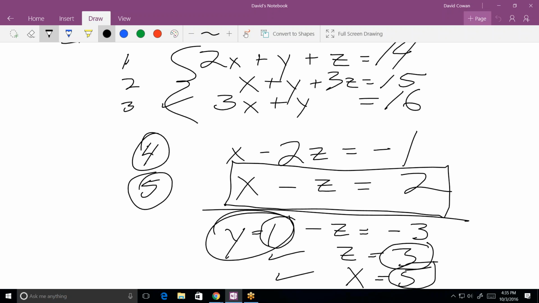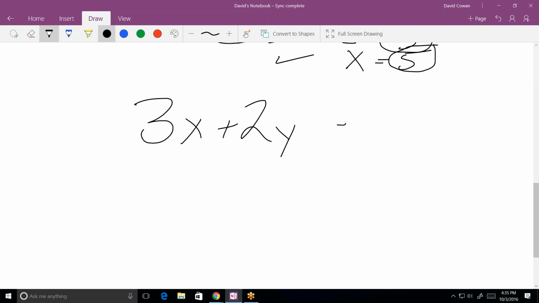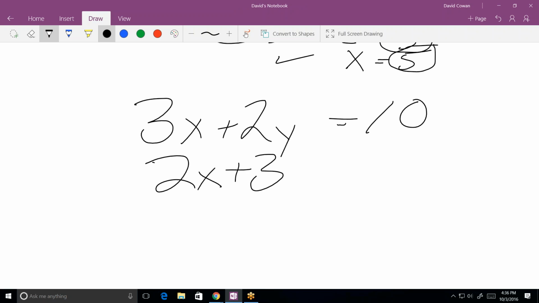Sometimes you will. If I had a problem like this, now this is only two equations and two unknowns, but notice that I cannot eliminate a variable right away.